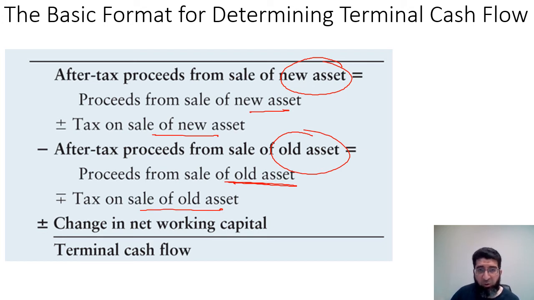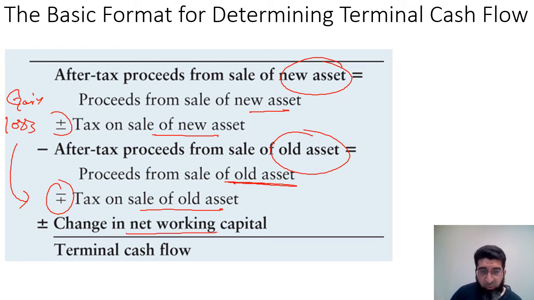So we can have a gain or loss on the asset, hence we have both signs available here. Similarly here, whatever the change in net working capital, we'll add it or subtract it, and then we'll get the terminal cash flow.